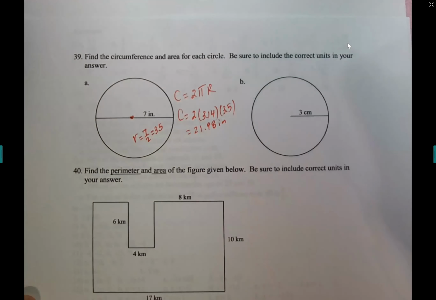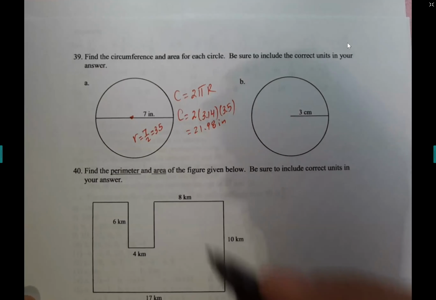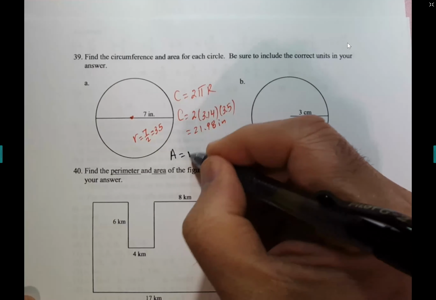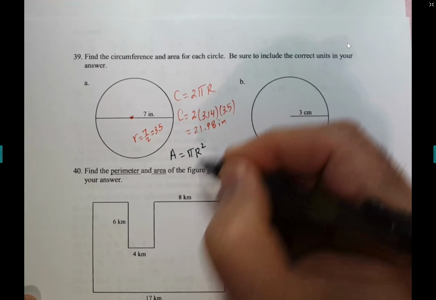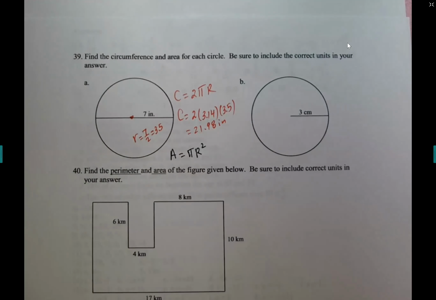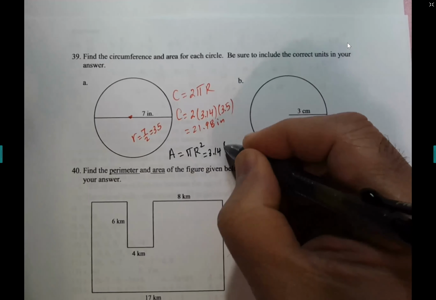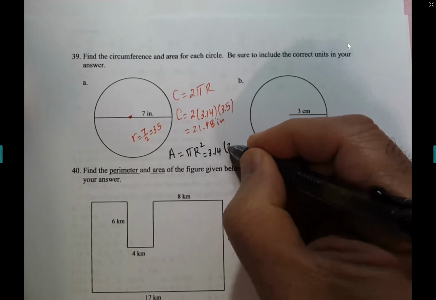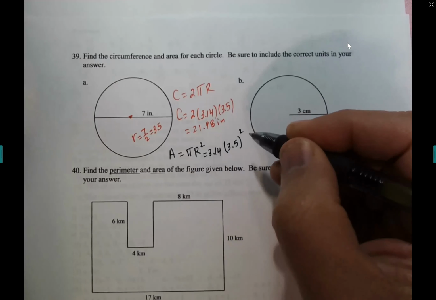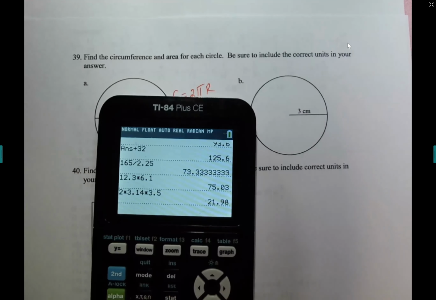Inch. Now, what about area? Area of a circle is given by this formula, pi r squared, which is 3.14 times r, which is 3.5, but then squared. And when you use your calculator, guys, you have to do the 3.5 squared first.